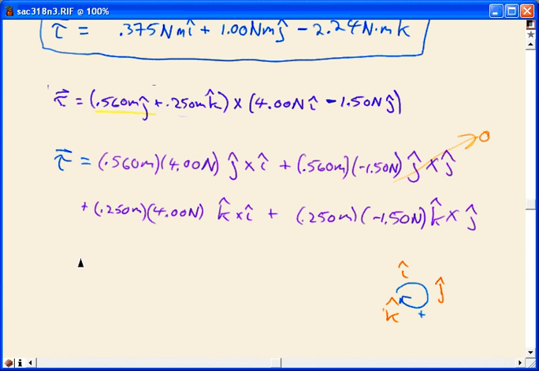I'll show you what I mean here. On this first line, I'll just copy that down. We got tau is equal to 0.560 meters times the 4 newtons. j crossed into i: I'm going backwards around the circle in the negative direction, so I get minus k.